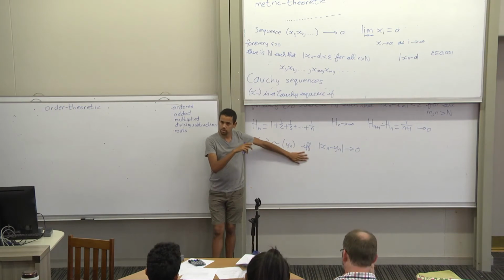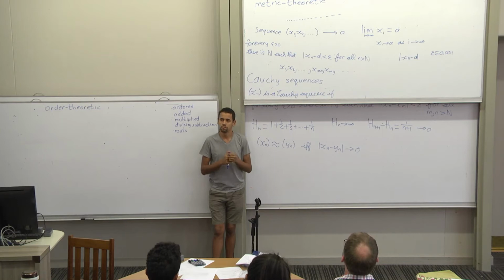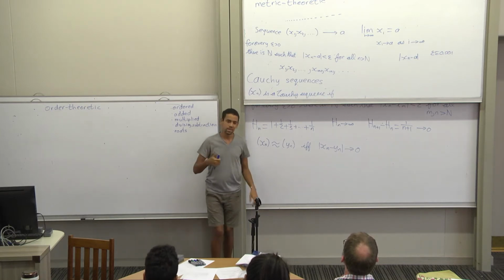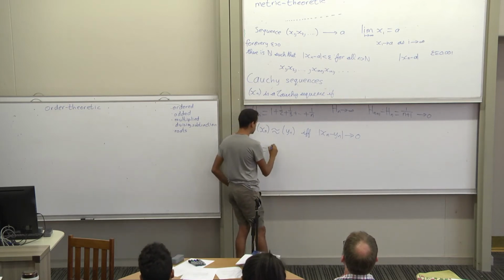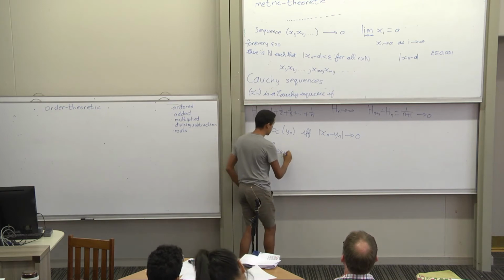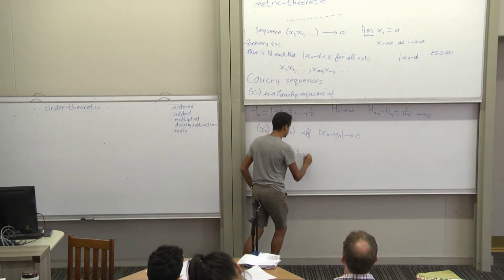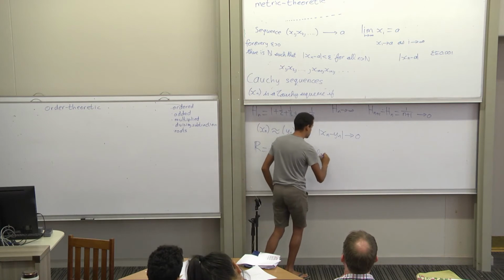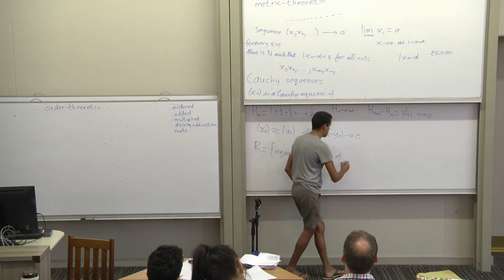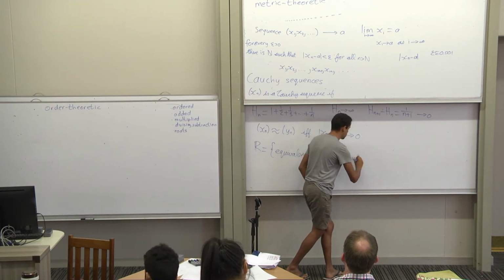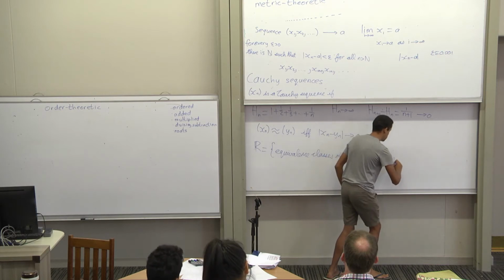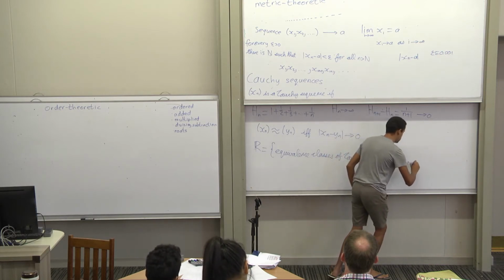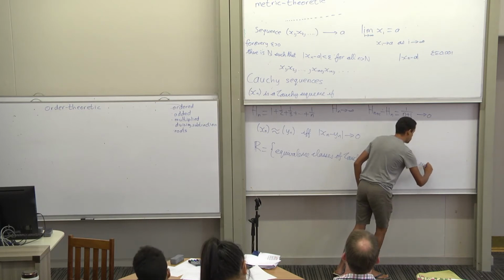And then your real numbers is the set of equivalence classes of Cauchy sequences of rational numbers.